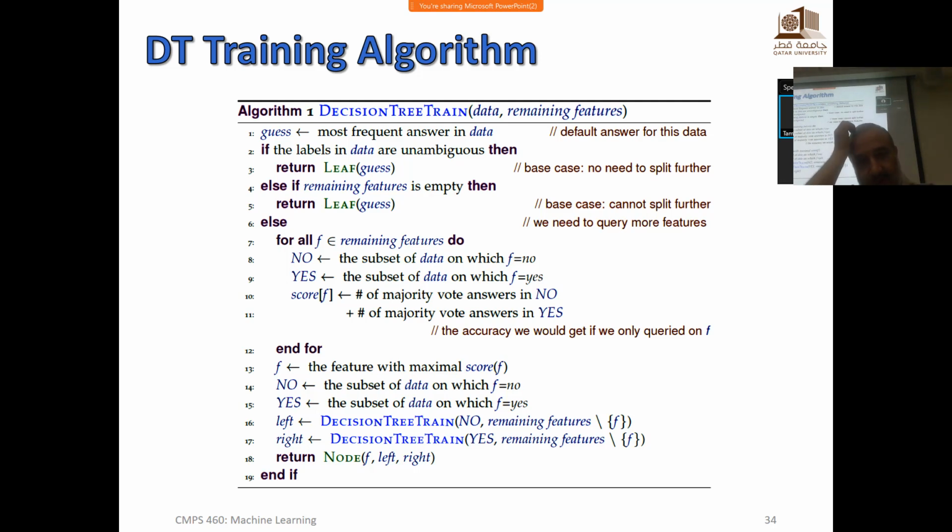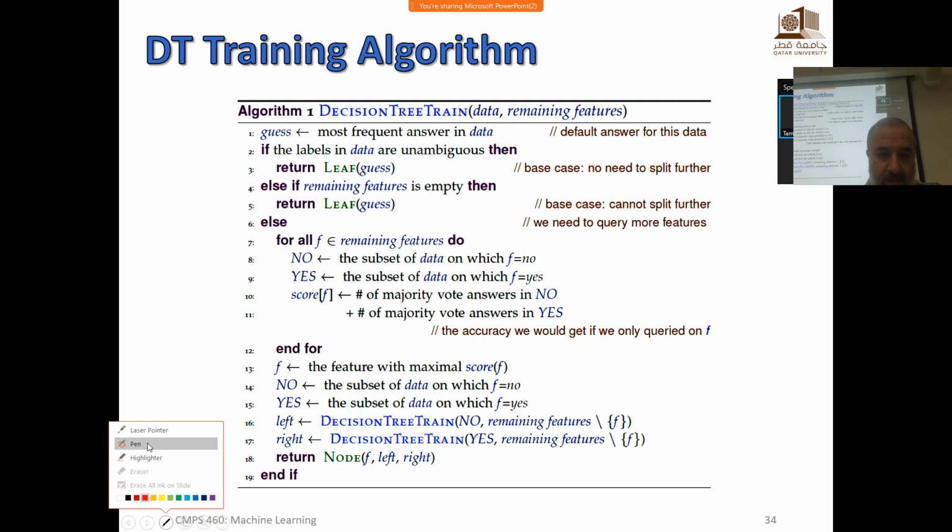Okay, so that's an overview of the training algorithm, and this is the pseudocode for the training algorithm. Quickly, we'll not go through the details here. The algorithm that you have in the slides and also the textbook. We start with the guess.